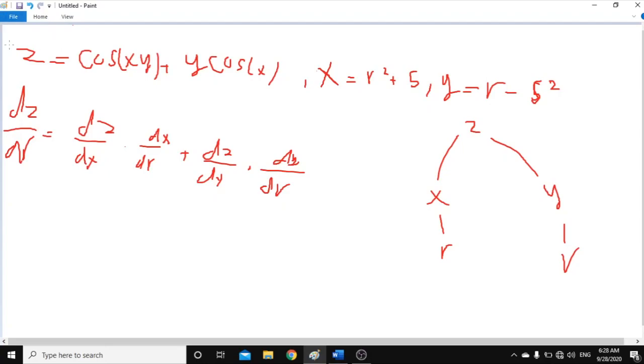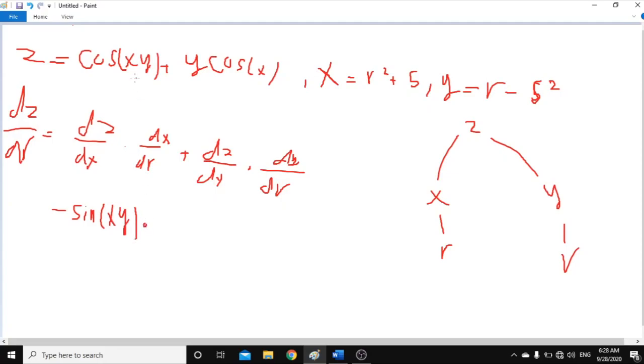What you need to do right now is find the partial derivative of z with respect to x. The derivative of the cosine is negative sine, of x times y, and then times the inside.